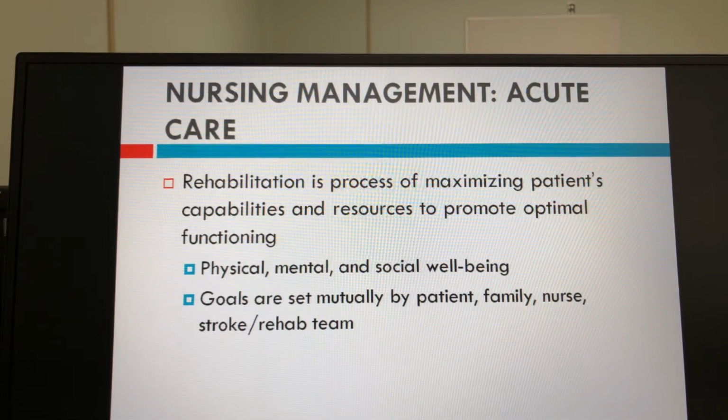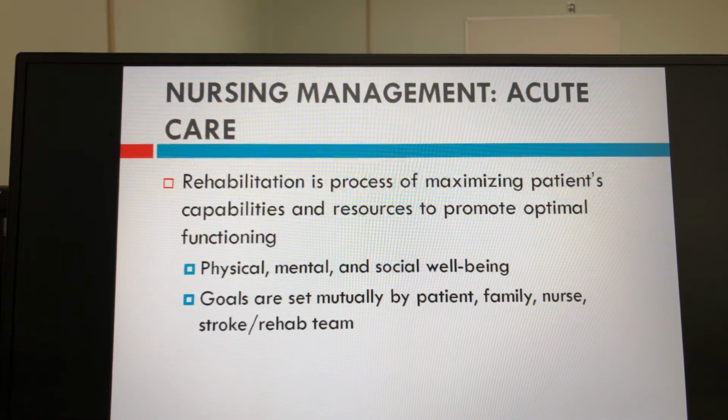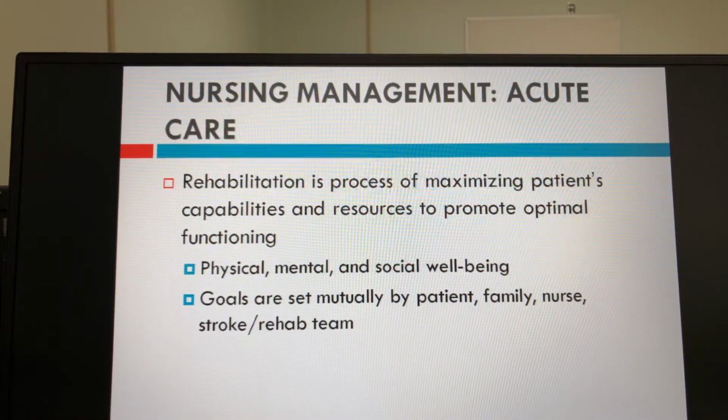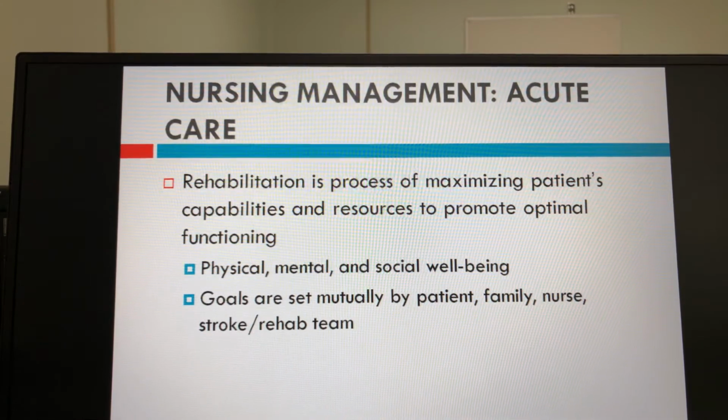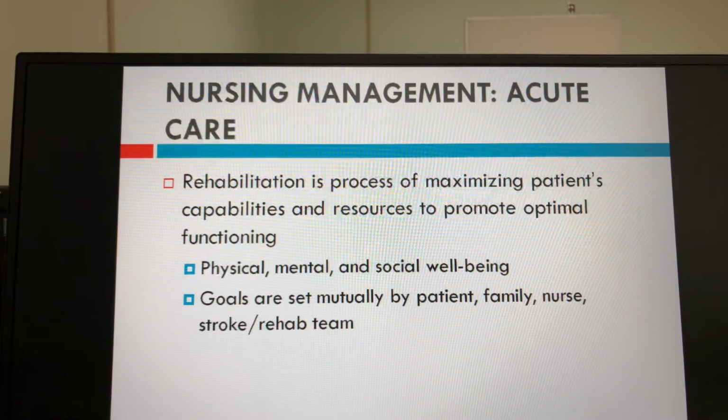So our rehabilitation with these patients is a process of maximizing the patient's capabilities and resources to promote optimal functioning. And when we're talking about optimal functioning, we're talking about their physical, mental, and social well-being. Goals are set mutually by the patient, family, nurse, stroke, and rehab team.